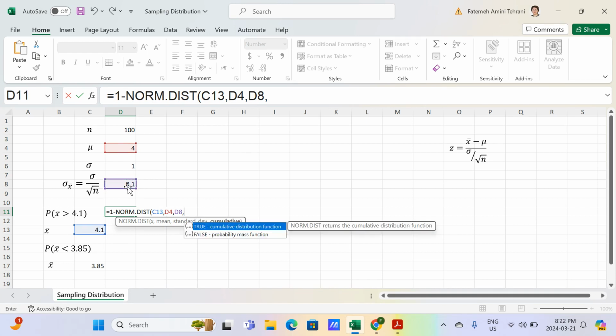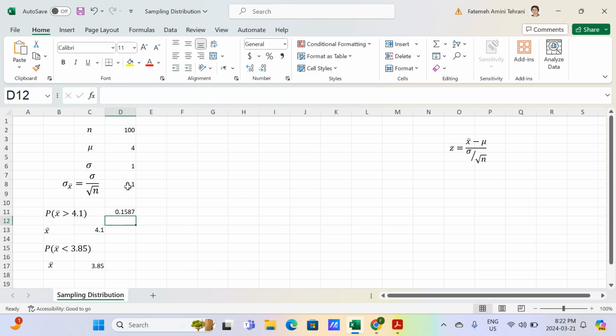And it's always cumulative. So look at here, it's the probability I was looking for, 0.1587. This number is P of x bar when x bar is exceeding more than 4.1.